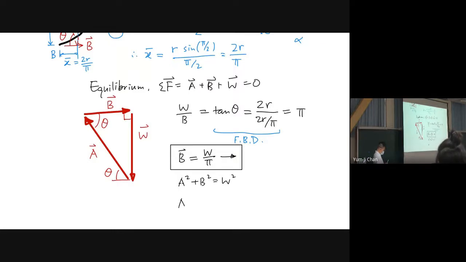So A is equal to W times the square root of 1 plus 1 over pi squared, and theta equals arctangent of pi.